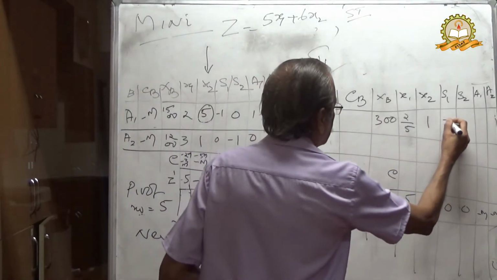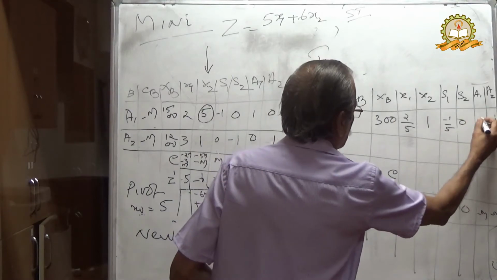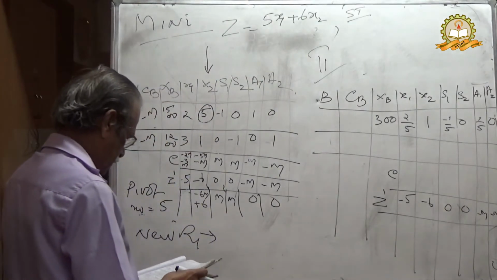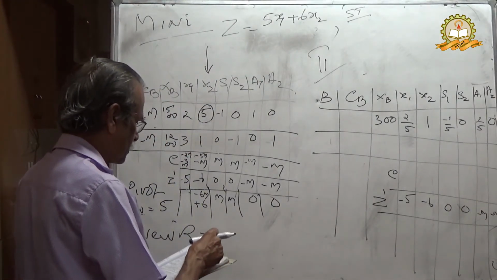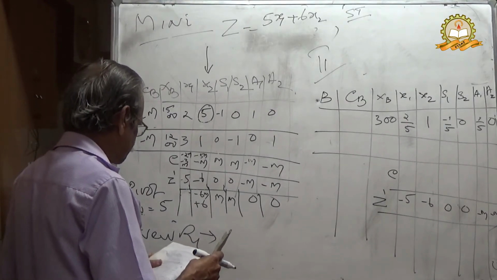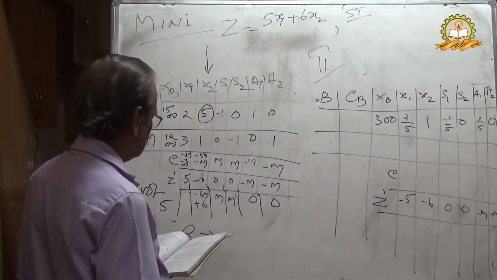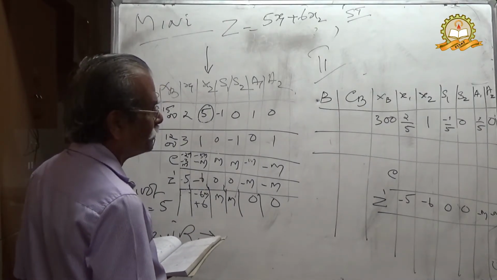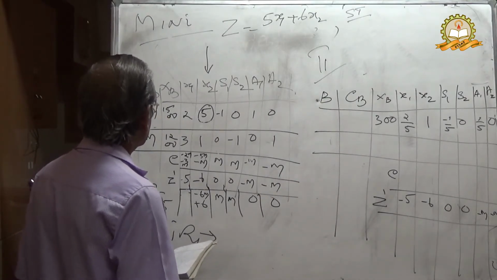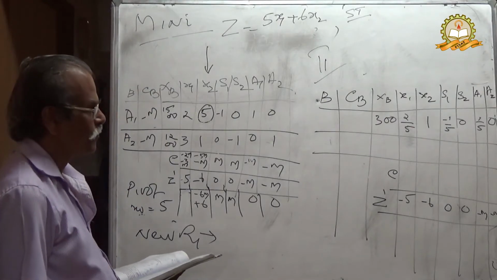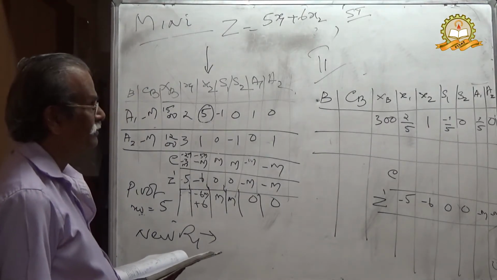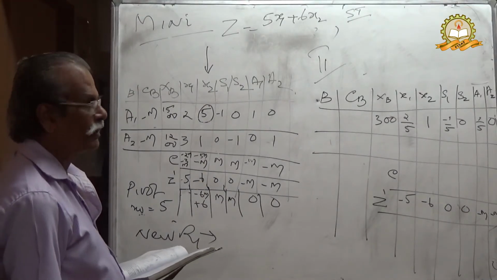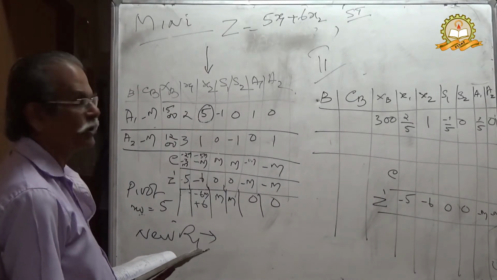Here you have negative 1 by 5, 0, 1 by 5, 0. The A1 row and x2 intersect at the point 5.